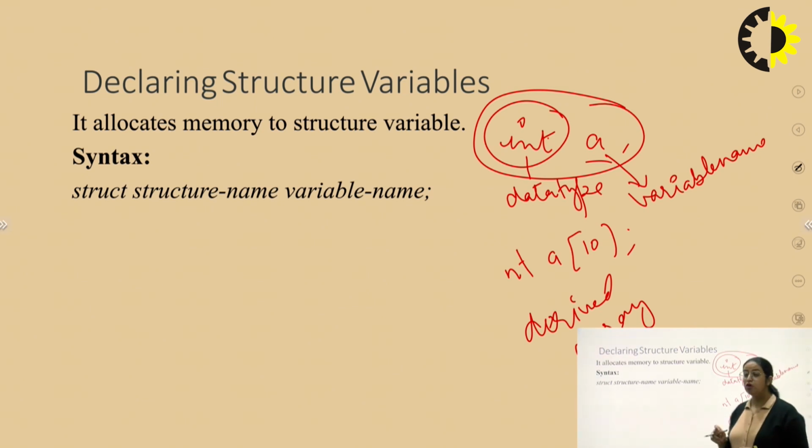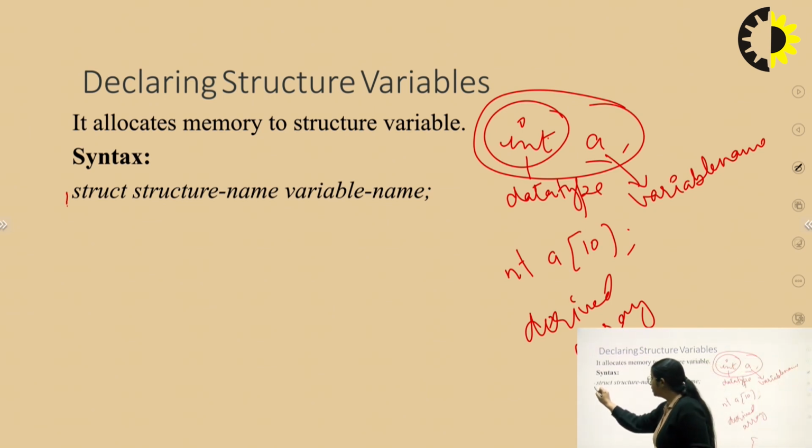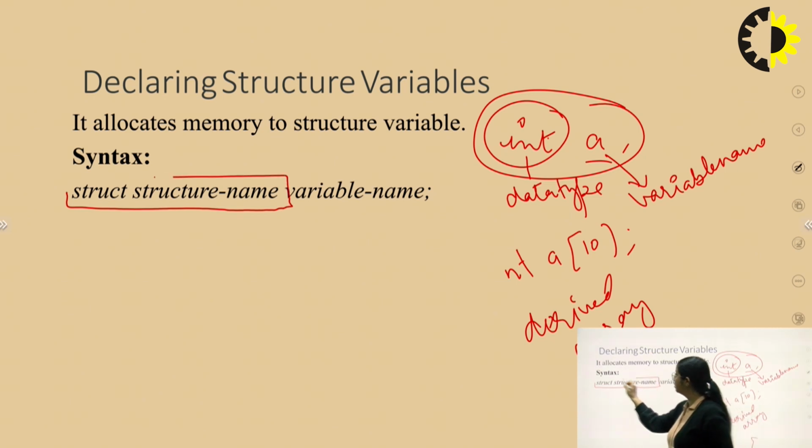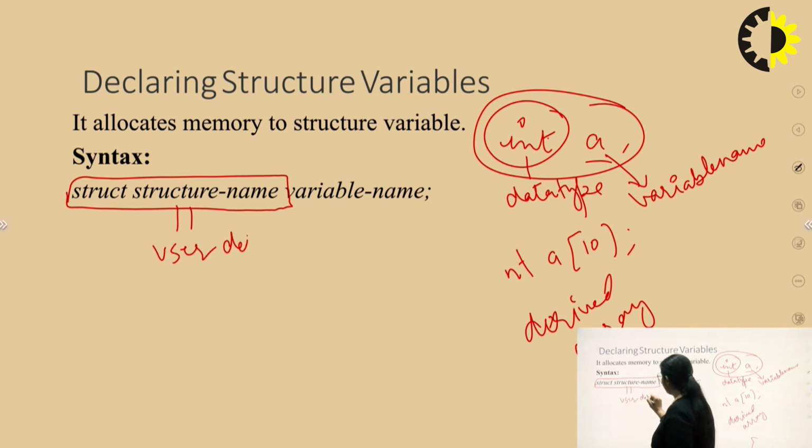Okay, as I have just told you that it is a user defined data type. So which data type are we using here? Structure name. This complete thing is behaving as a user defined data type.